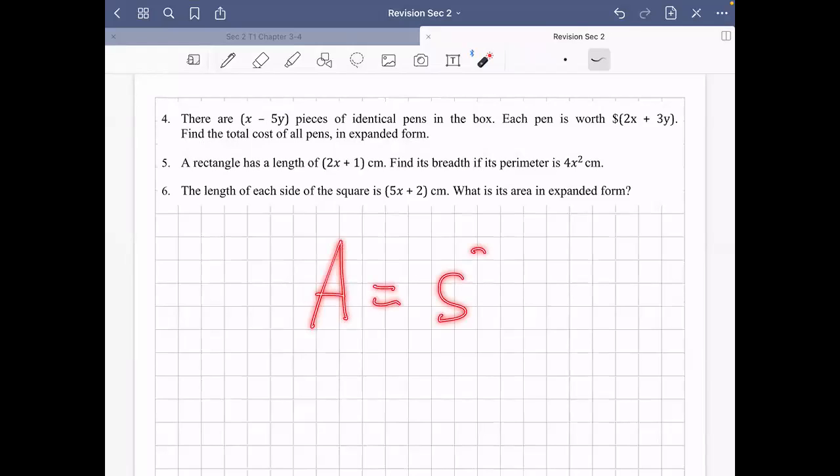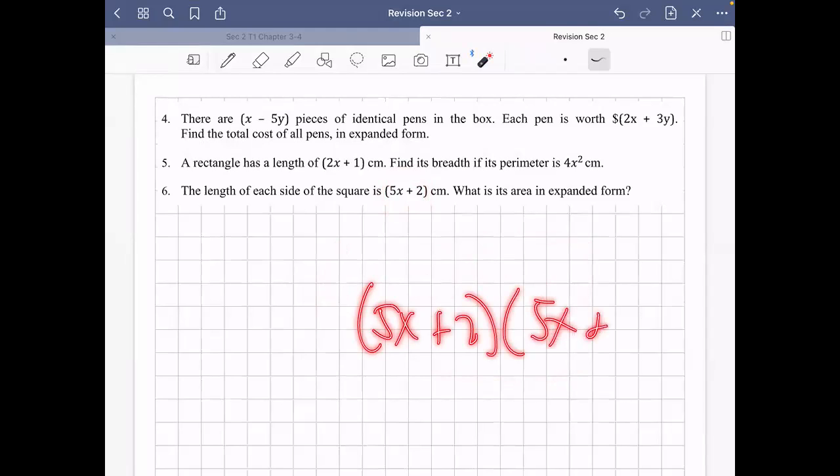Side? Yeah, side times side. Just that. So what do you need to do with 5x plus 2, if it's side times side? Times them together? Yeah, 5x plus 2 times 5x plus 2 again.